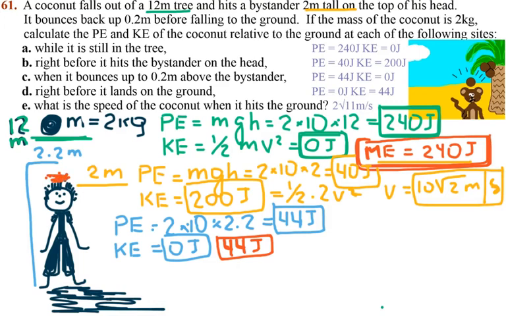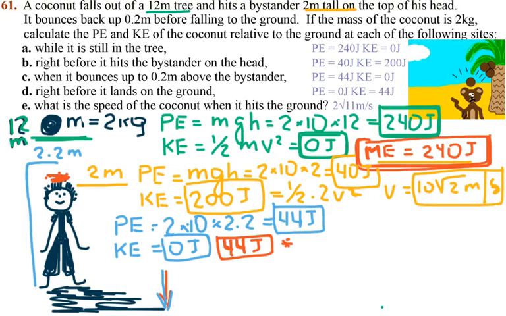So we have a new total mechanical energy. Cannot look at the old one anymore. And then right before it lands on the ground, now I have to use this new mechanical energy.